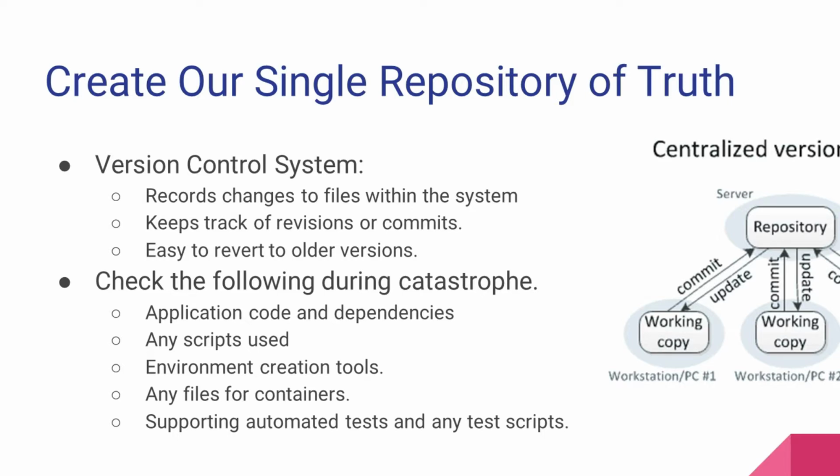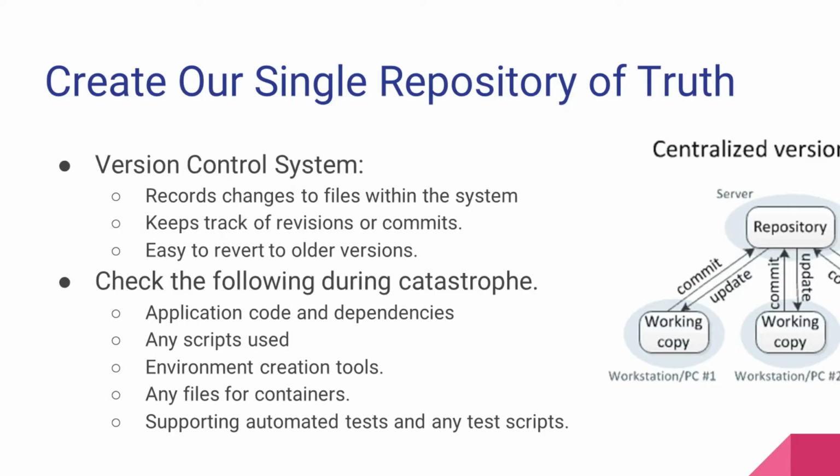In the event of a catastrophe, the following can be checked. You can check application code and dependencies. You can check any scripts used to create database schemas, application reference data, etc. You can check all the environment creation tools used for automatic environment creation process, such as scripts, configuration files, project artifacts, cloud configuration files.